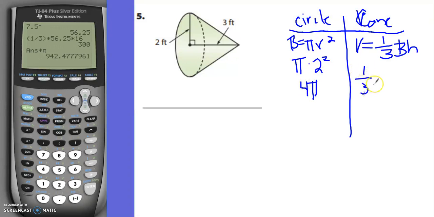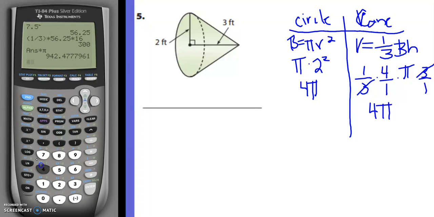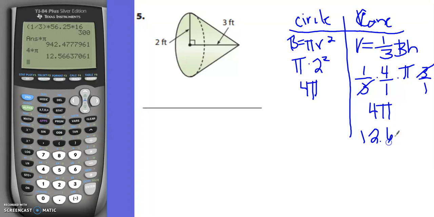We have 1/3 times 4 pi. The height is 3. On this one, we can actually cancel out the 3's and we're just left with 4 pi. So now 4 times pi is about 12.6. And this is a volume, so feet cubed.